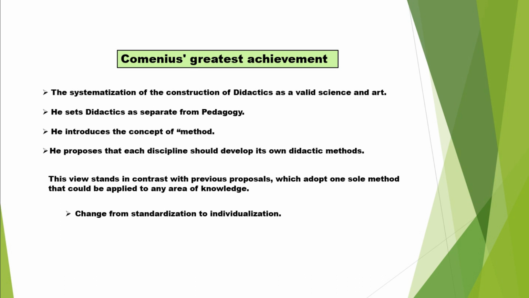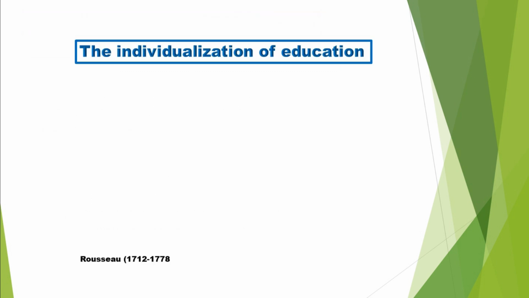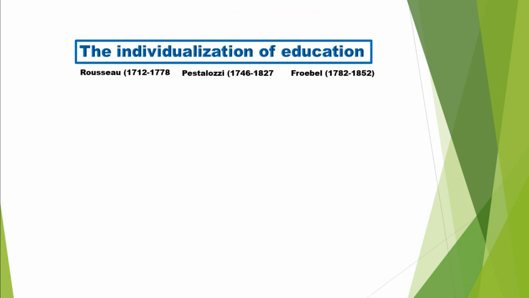To him, each person has the potential to learn anything insofar as the right methods and resources are organized in such a way that allow for the person's intuition to come into contact with a specific area of knowledge. Comenius' work will be followed by further efforts towards the individualization of education, as those proposed by Rousseau, Pestalozzi, and Froebel.